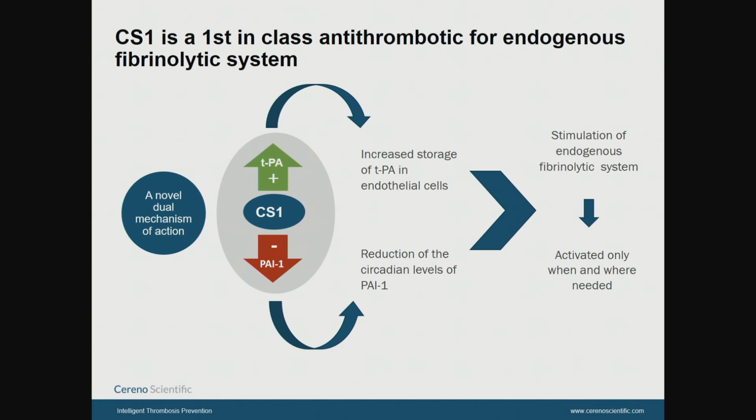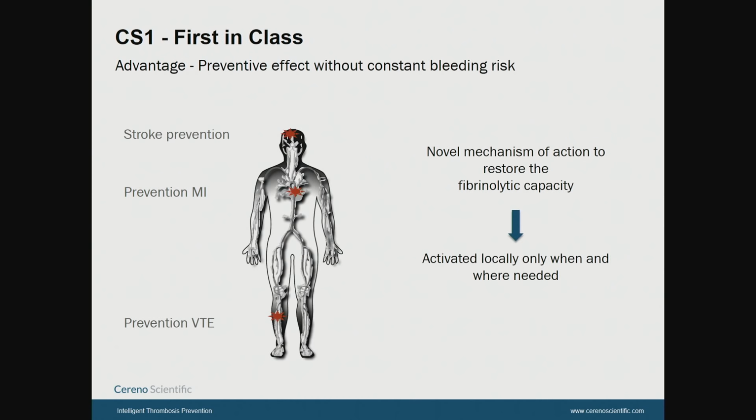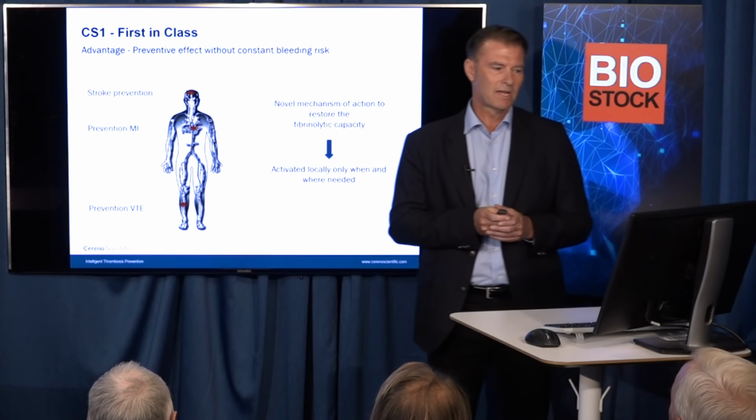And the beauty with this, if you look to the right in the picture with the arrow, it's activated only when and where the body needs it. The body itself activates this. So we are not causing a situation where you have an individual at risk of bleeding 24/7. So it's a very different approach compared to what's out there today.